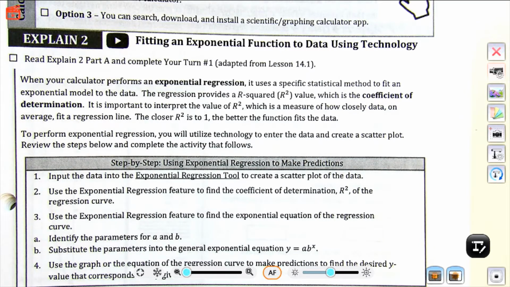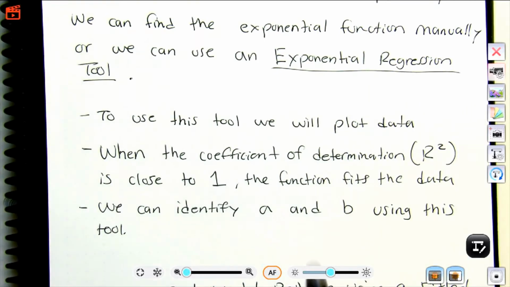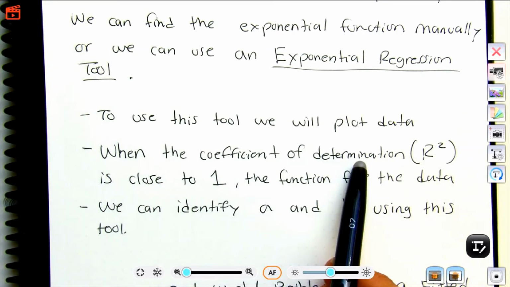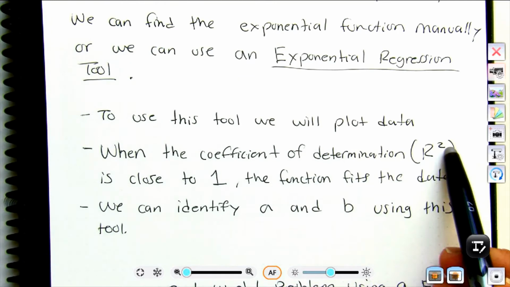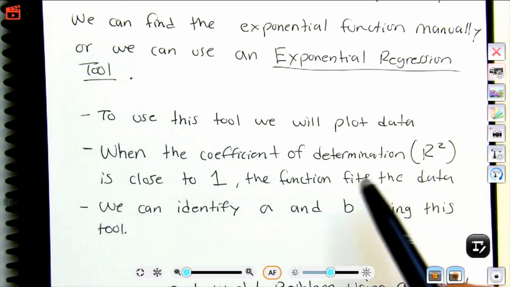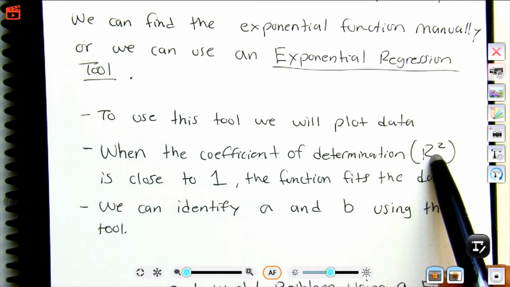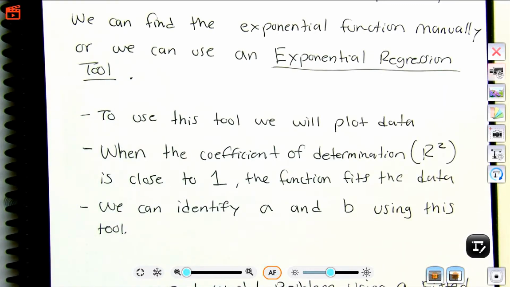You guys do not need to worry about the statistics, but one thing that we're going to be talking about is something called the coefficient of determination, which is r squared. When this value is close to 1, that means that the function fits the exponential data. And we're going to see that when we do the scatter plot in a little bit.